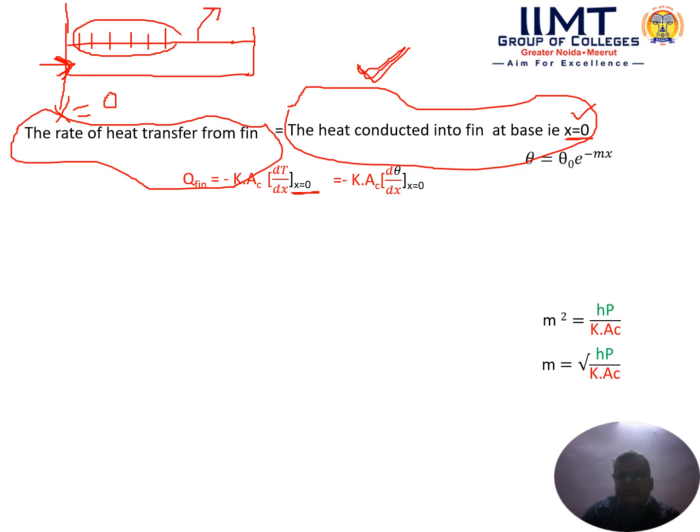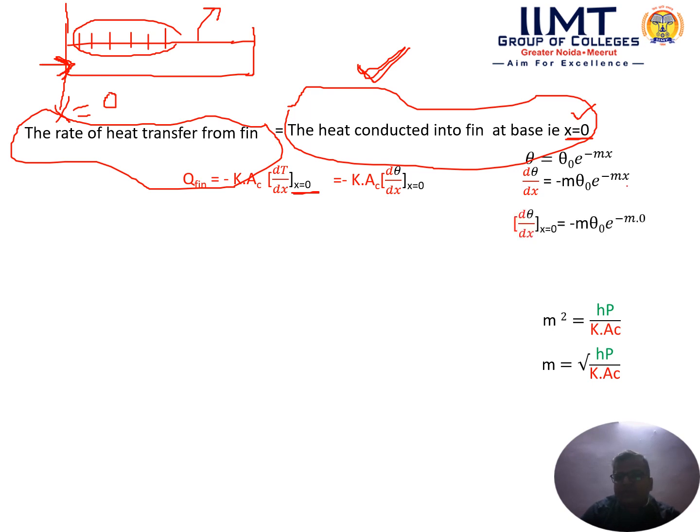Then theta is equal to theta naught e to the power minus mx. By differentiating with respect to x, d theta by dx is equal to minus m theta naught e to the power minus mx. This is the d theta by dx. We have to calculate the d theta by dx at x is equal to 0. Clear?